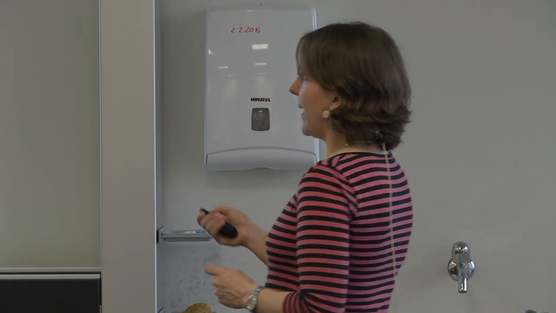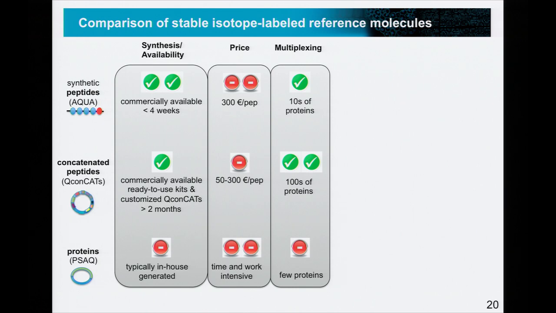In terms of multiplexing, so how many proteins can you quantify with these approaches? Most of the SRM projects that report absolute data using AQUA peptides, they have maybe 10 to 30 or 50 proteins that they report as absolute values, mainly limited by this factor. The more you get, the more expensive. So usually people are in that range.